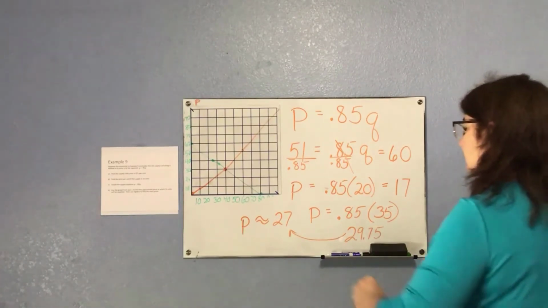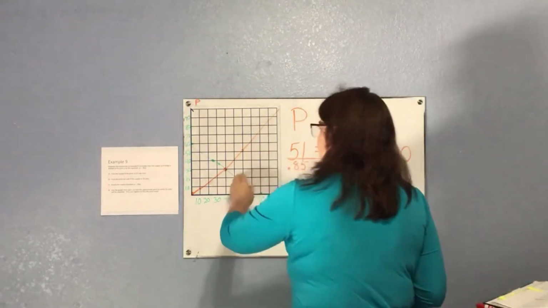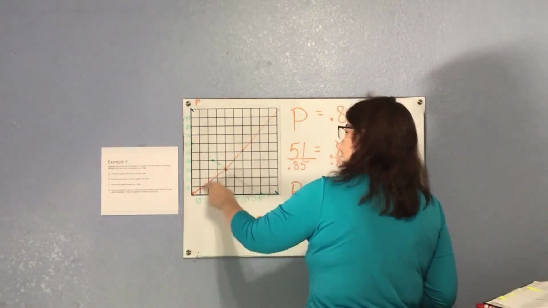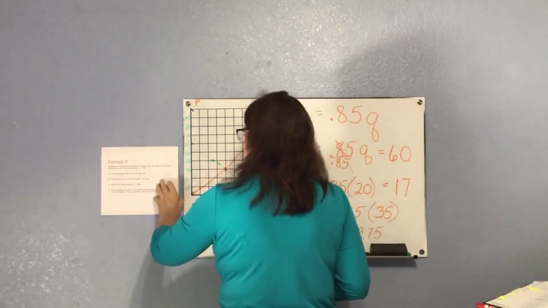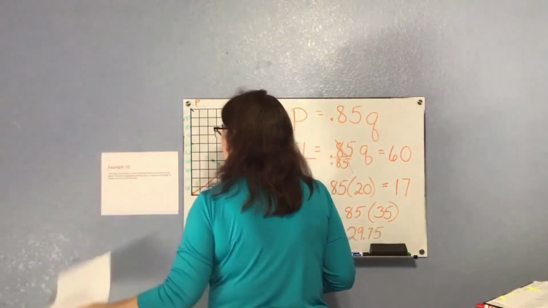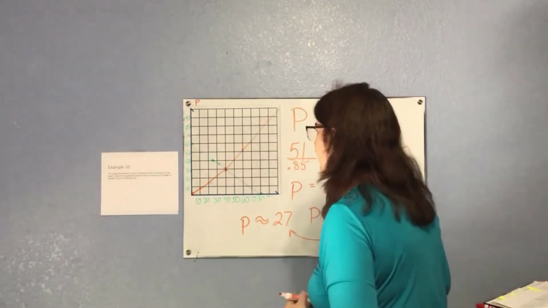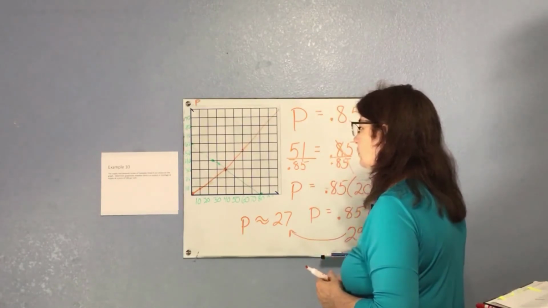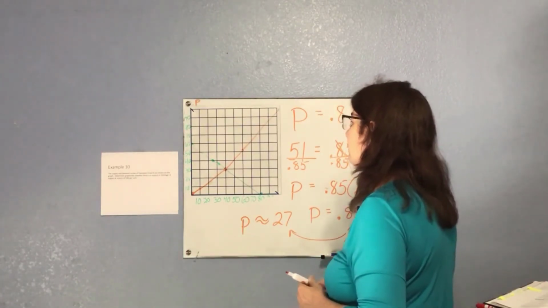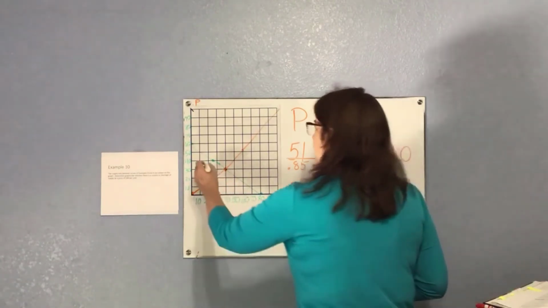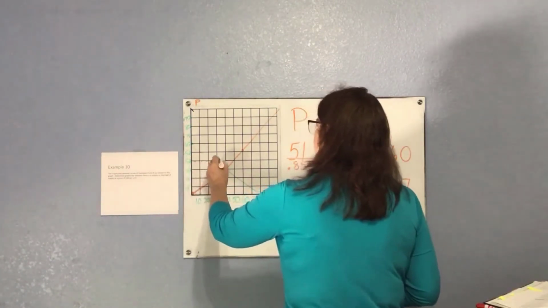So I've left the curves up here. This was from example 8. This was from example 9. And it says, determine graphically whether there is a surplus or shortage of supply at a price of $40 per unit. So $40 per unit is here.